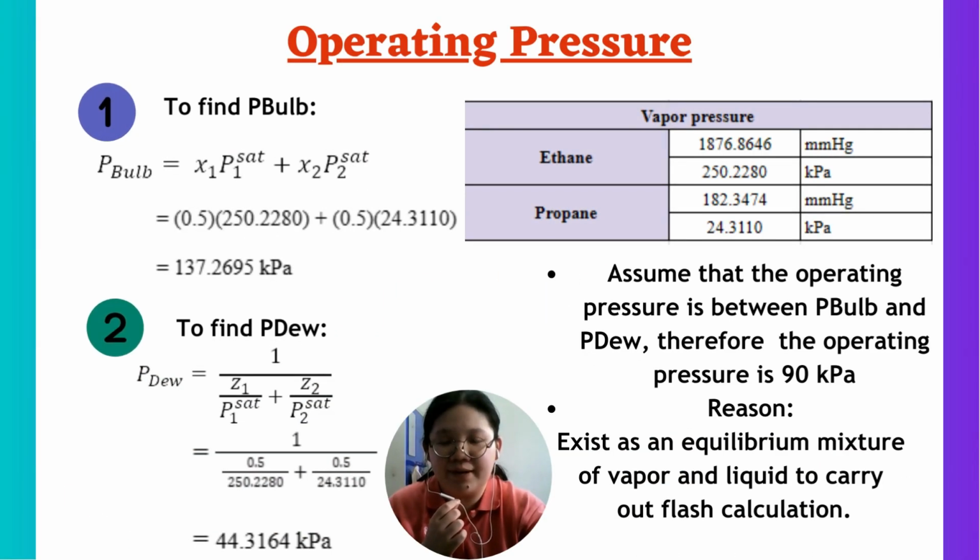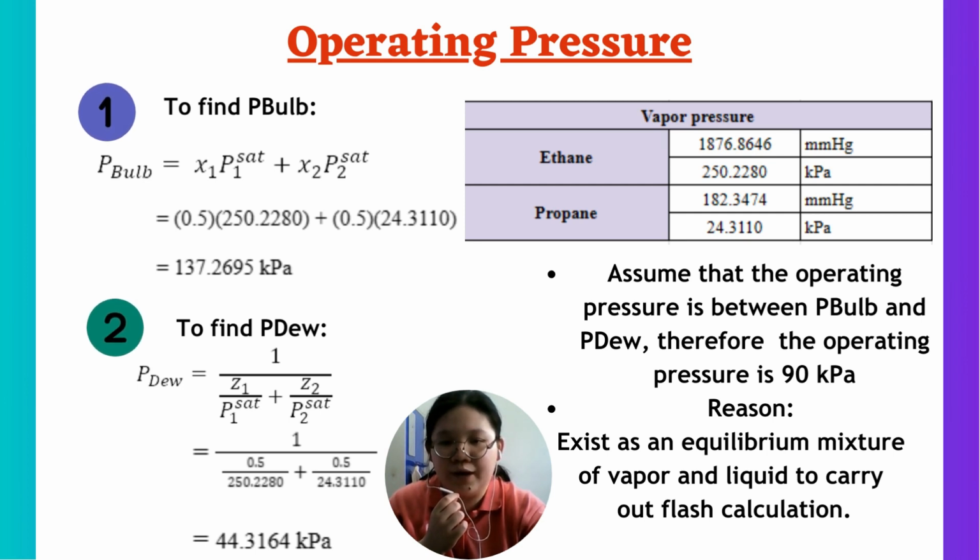Firstly, we need to calculate the bubble point pressure by using the formula given. The vapor pressures for both ethane and propane are shown in the table, and their calculation will be explained by another member later. Therefore, we get the bubble point pressure, which is 137.2695 kPa.